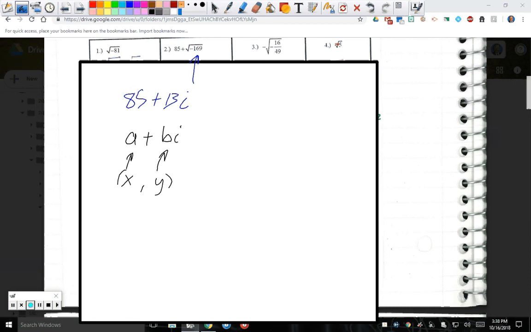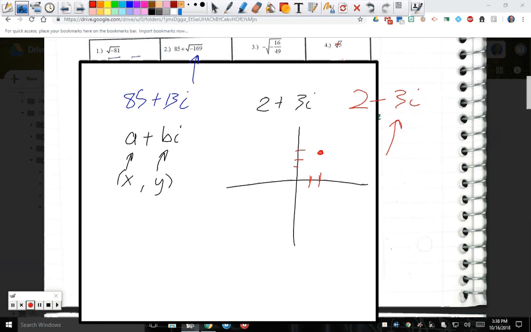So if I had something that said 2 plus 3i, and I asked you to graph it, you could graph this as a point. You could go to 2, you could go to 3, and that could be the point. You with me? If it was 2 minus 3i, you could go to positive 2, but a negative 3, and that would be the point.